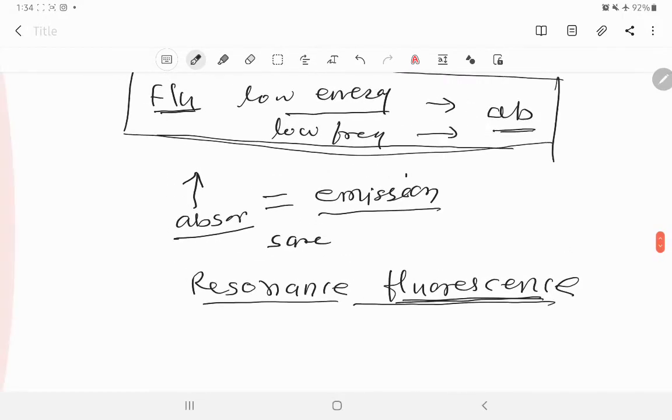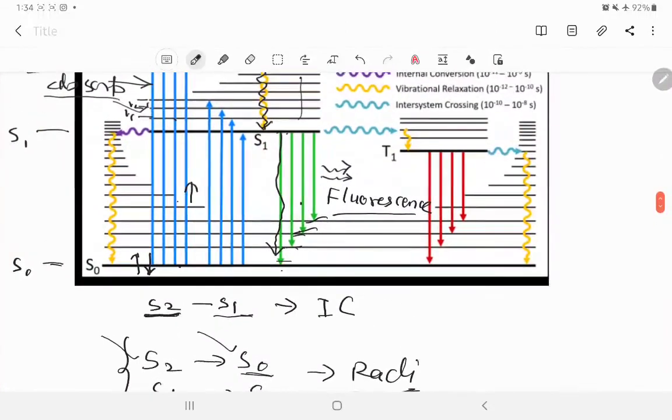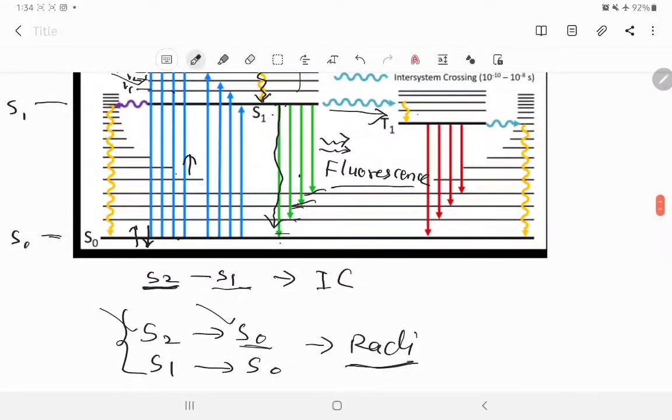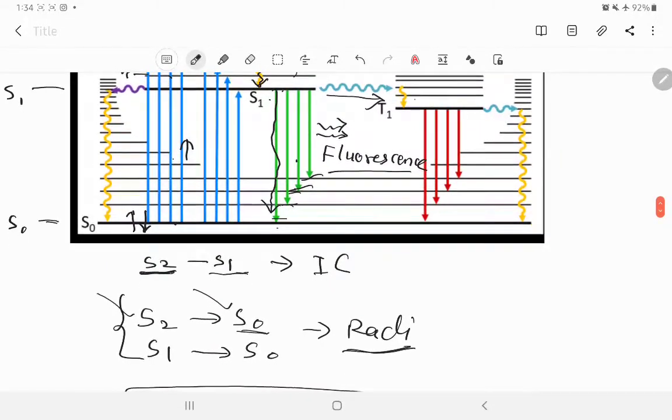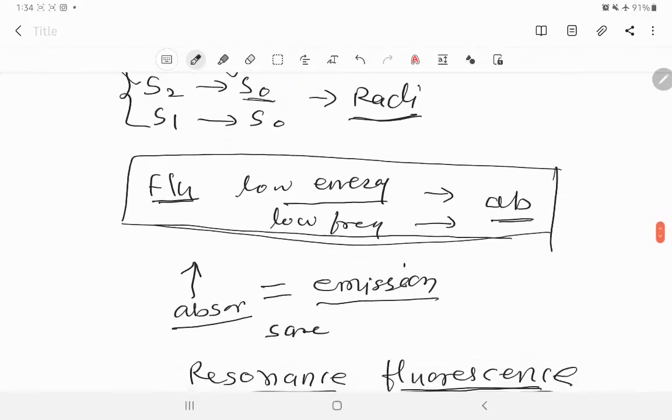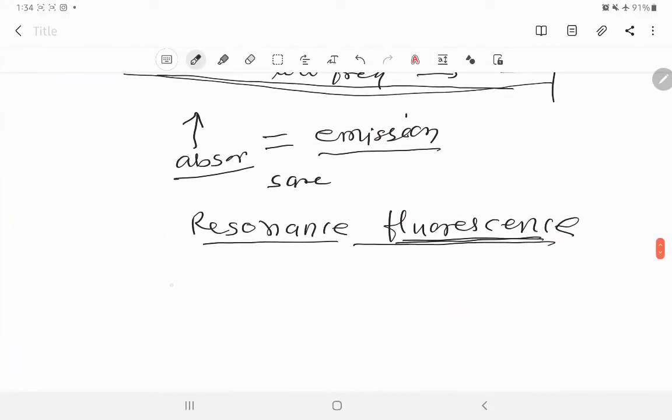Sometimes there is a transition from singlet to triplet, meaning there is a change in the spin of the electron. If the molecule is in the singlet state, the spins are paired. If the molecule is in the triplet state, the spins are parallel.